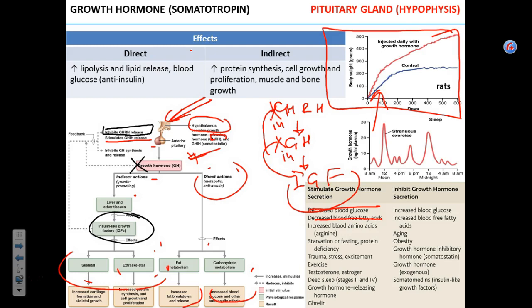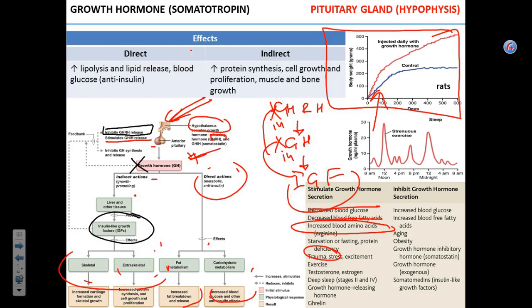So if you have a lot of amino acids, growth hormone will use them to produce proteins. Does that make sense? Now, we're talking about growth. When do you need growth? When something's broken. Trauma. Make sense? Trauma stimulates growth hormone.